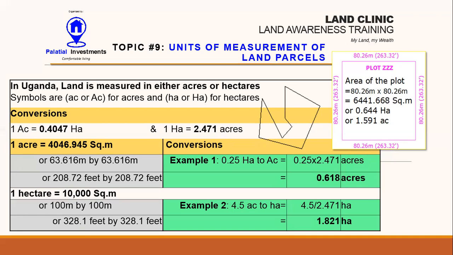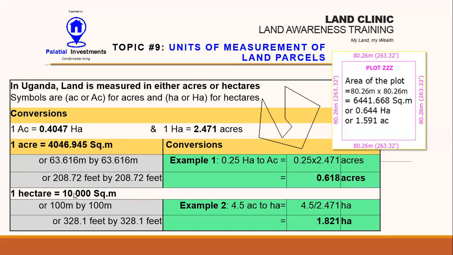Now, in form of feet, you multiply this with 3.281, then you will get the equivalent length in feet, which is 208.72 feet by 208.72 feet. This is the area for an acre.